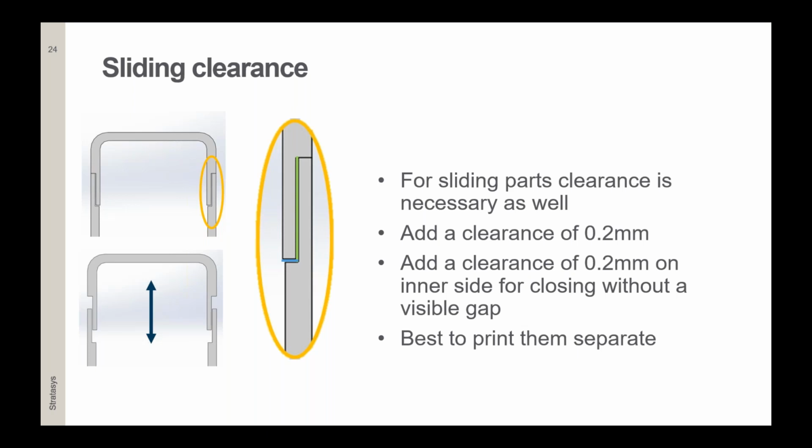You could add a clearance of 0.2 millimeters, and again a 0.2 millimeter clearance on the inner side, to close the part without a visible gap. If possible, you need to print them separately so they won't fuse to each other when printed so closely to each other.